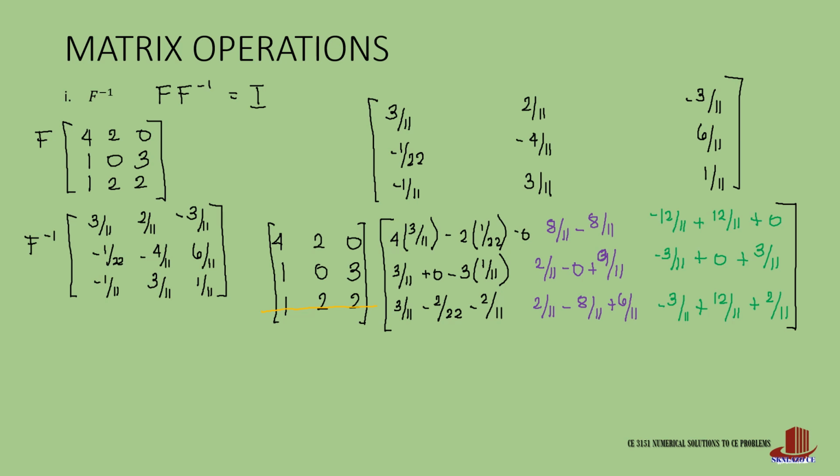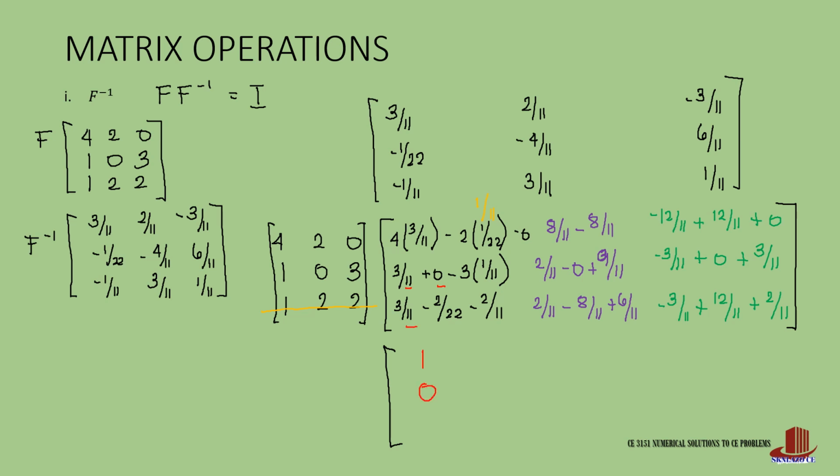Simplifying, we are supposed to arrive with our identity matrix. So let's check. 12/11 minus 2/11, 2/22 or 1/11. So this would turn out as 1/11, which would give us 11/11 or that would be 1. Below it, 3/11 plus 0 minus 3/11 would still be 0.